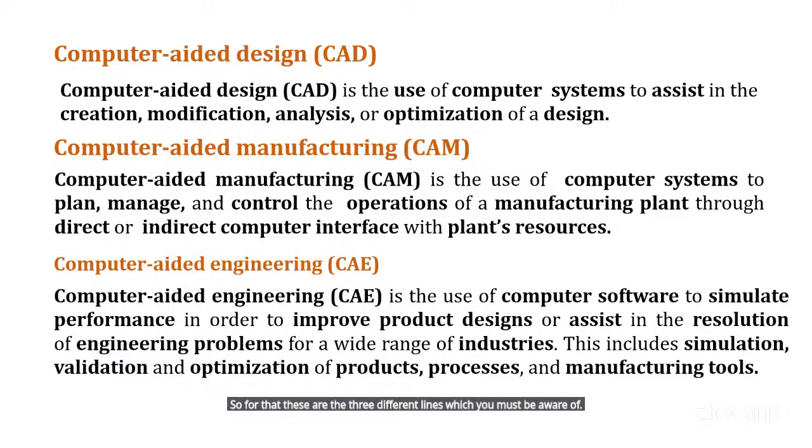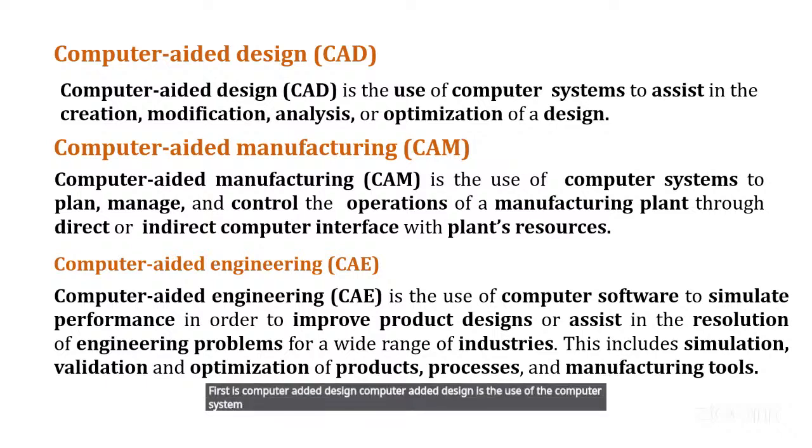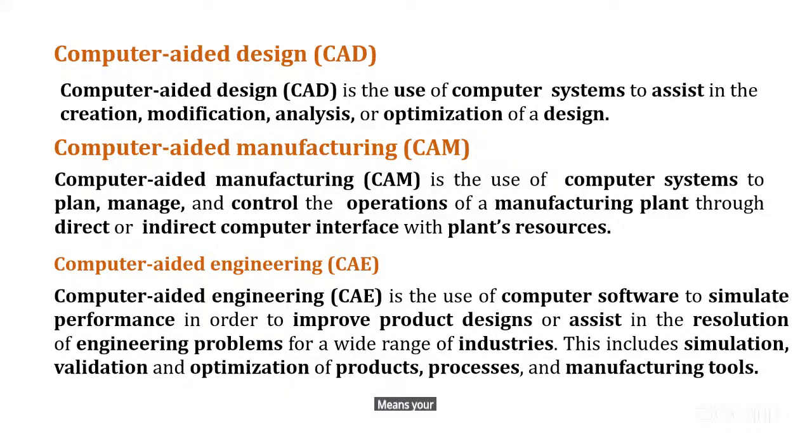First is computer-aided design. Computer-aided design is the use of the computer system to access, create, modify, analyze, and optimize your design. That is precisely what I am talking about when I am talking about computer-aided design. It is AutoCAD and SolidWorks. Means your drafting and your prototyping is actually the part of your CAD, computer-aided design.